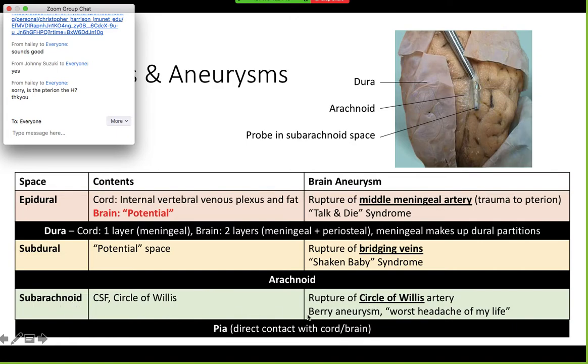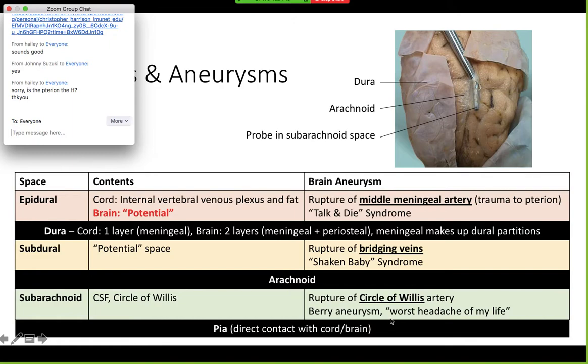Don't worry about this word right here. You'll talk more in second year. Dr. Campbell talks about the different types of aneurysms. But for now, just know that it's rupture of those cerebral arteries and veins in this space. So rupture of maybe the arteries of the circle of Willis.